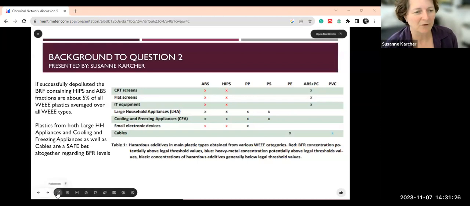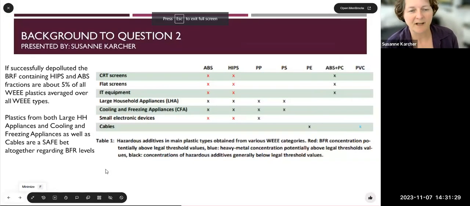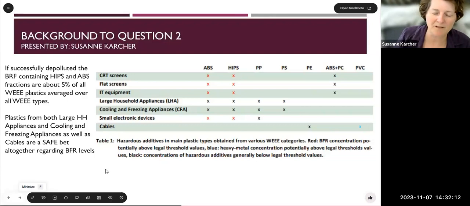That is really helpful, because if you are an e-waste recycler and you receive anything that resembles a large household appliance, such as a fridge, a freezer, a stove, or an air conditioner, you can rest assured that you don't have to worry about any brominated flame retardant treated plastics. The devil is in the detail when it comes to CRT screens, flat screens, IT equipment, and small electronic devices. If you receive those as a recycler and you want to recycle that plastic and not just landfill it, you would have to take those plastics aside and granulate them to come up with the kind of mix that you have.